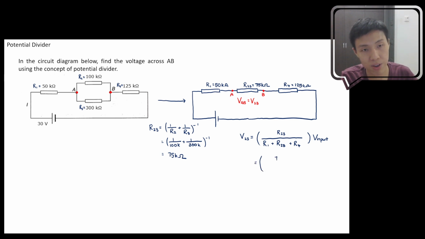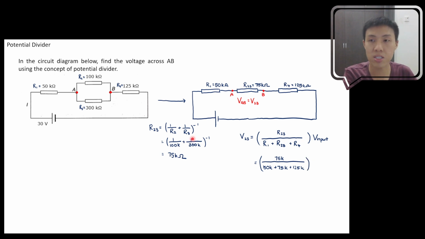You have 75K. Down here you have 50K plus 75K plus 125K. And the input voltage over here, it's 30.